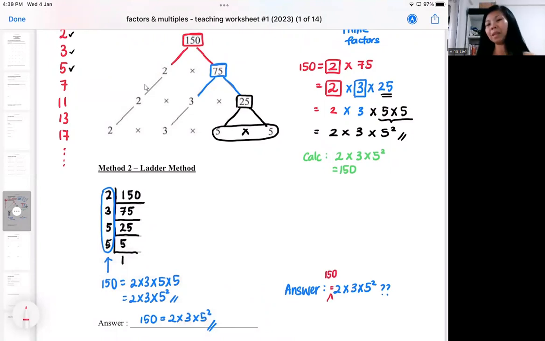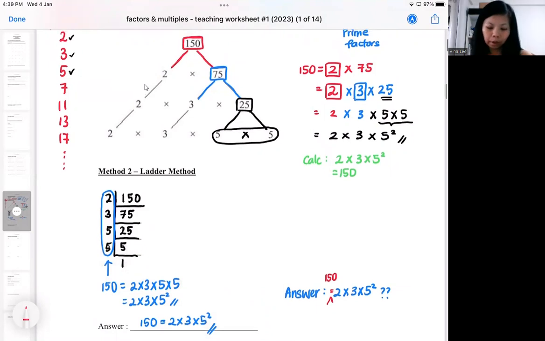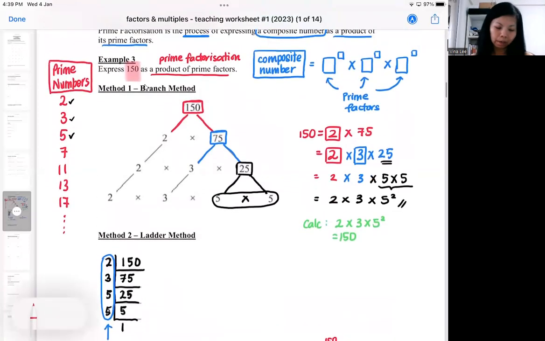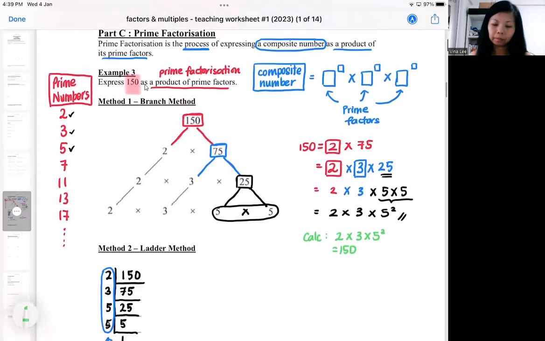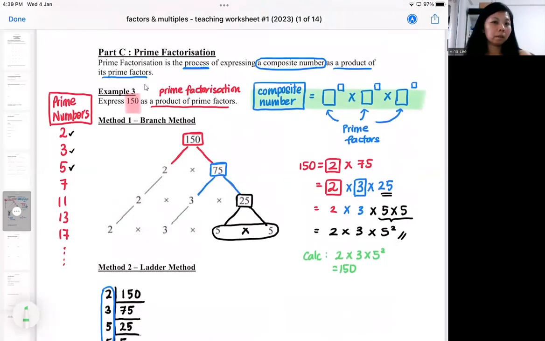So you must make some sense of it. They are asking you for the prime factorization of 150, so your answer will be 150 is equal to the product. Your answer will look like this format. When we say prime factorization or express as a product of prime factors, this will be the format of your answers.